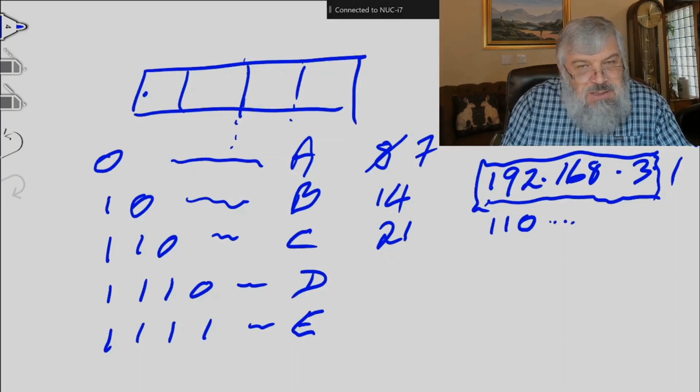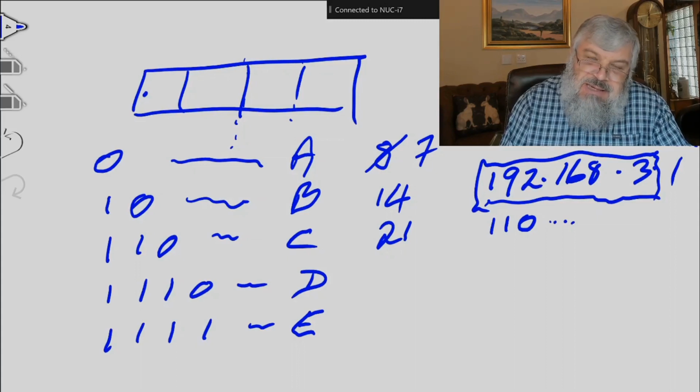A net mask is a mechanism that you use to indicate what portion of an address is intended to be interpreted as the network portion, and by implication what portion is to be interpreted as the host portion.